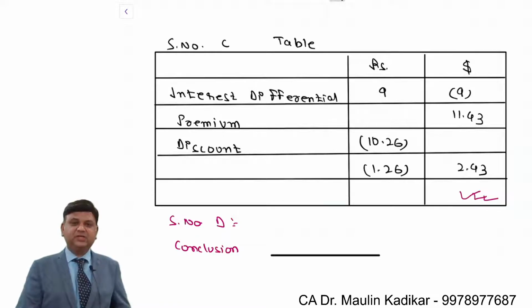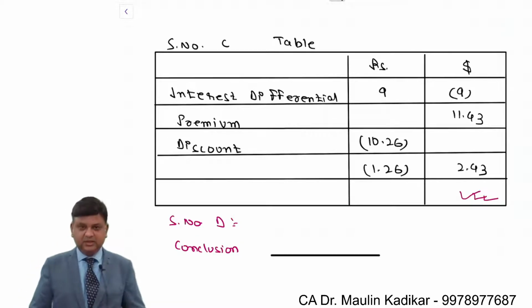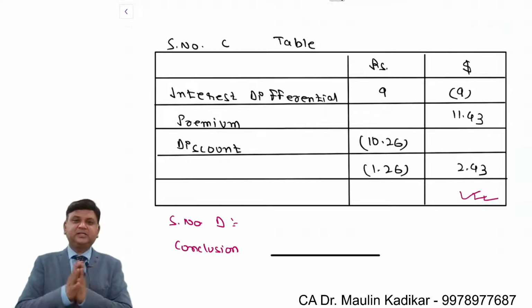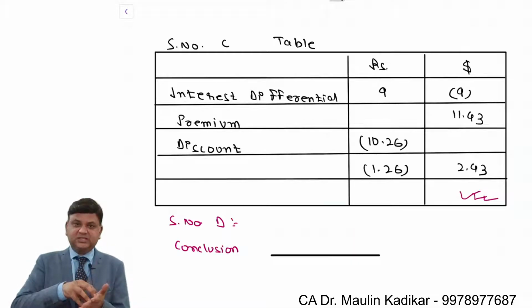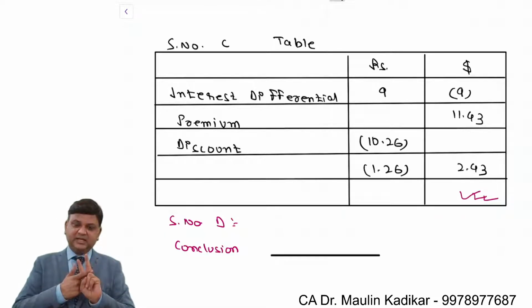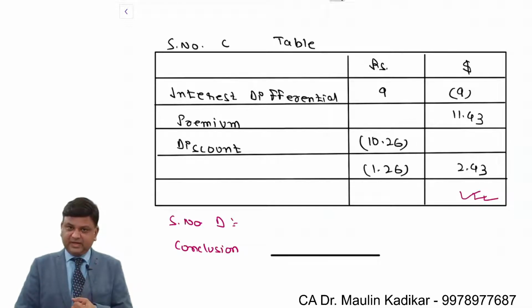Friends, over here logically we understand like this. Let's say there are two things. When you make investment in a currency, you have a profit or a loss of the interest differential. And second, you will be having either the benefit of the premium of that currency or the loss of the discount of that currency.